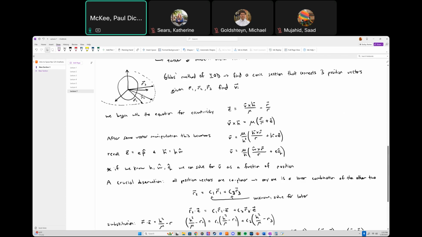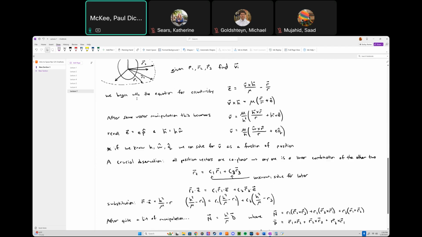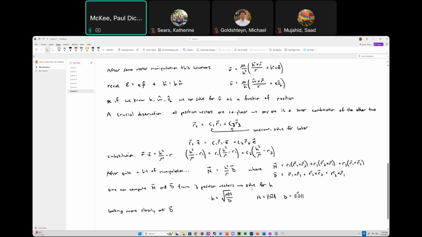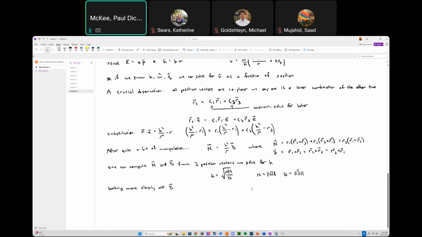And then 3 crossed with 1 is also going to be in the k direction. So you're going to get something that is entirely perpendicular to, I guess it could be negative, but it's definitely going to be all out of the plane. So the plane formed by r1, r2, and r3, after you do all this cross product business, this D is going to be entirely out of that plane.